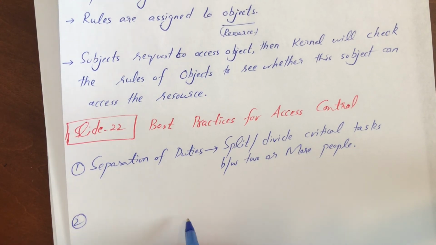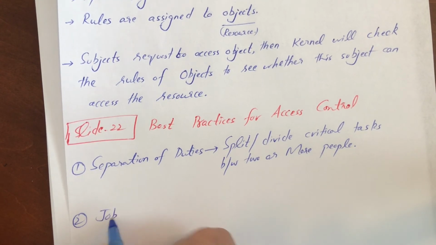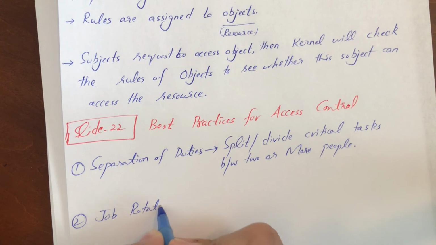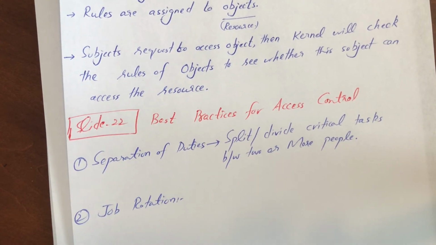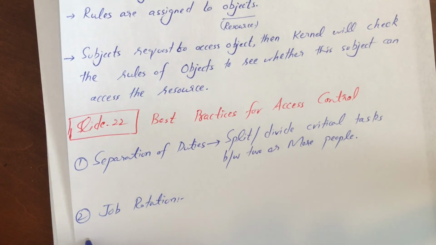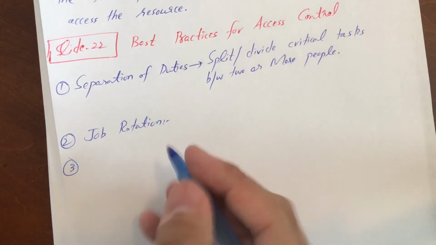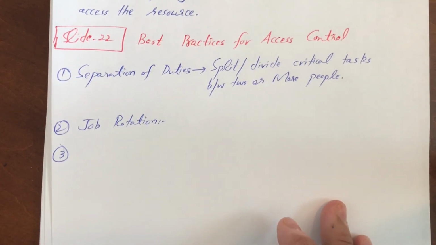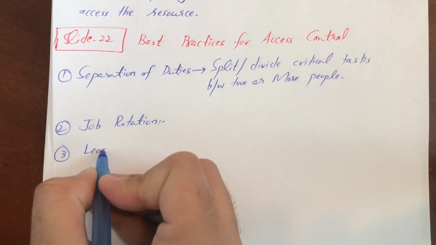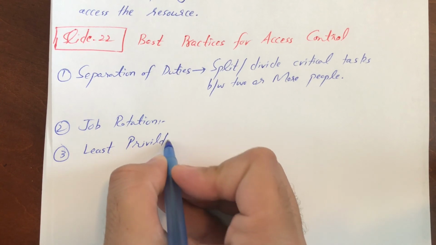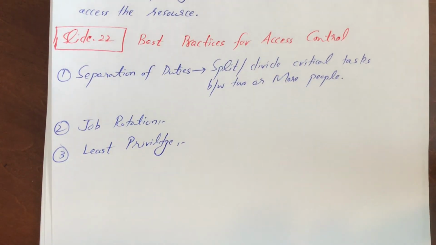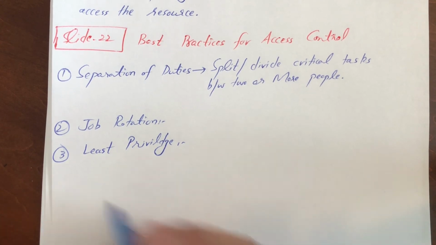Second is job rotation. Job rotation can also expose many potential security risks. Then least privilege is another one. Users can access whatever they're supposed to access or what they need to access.